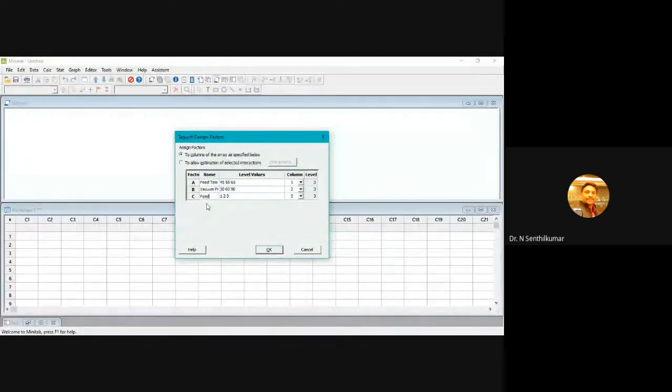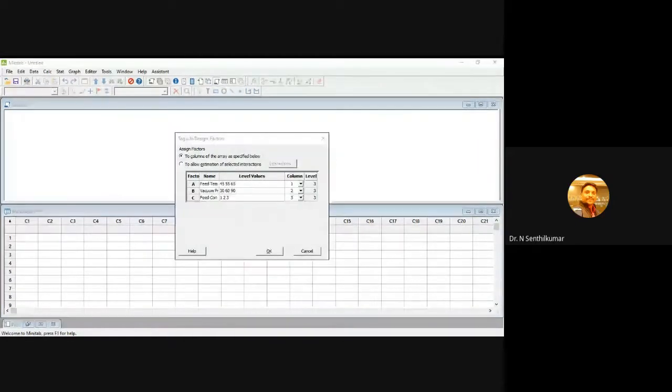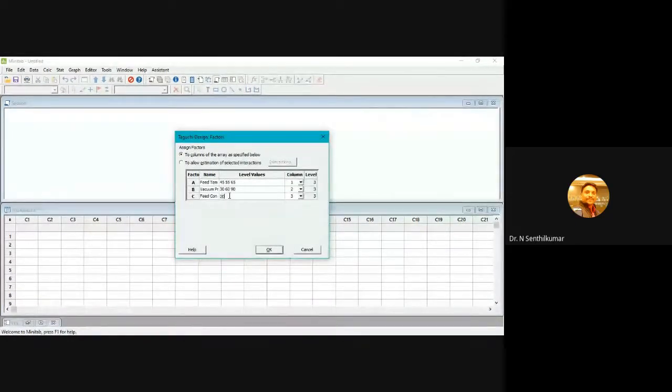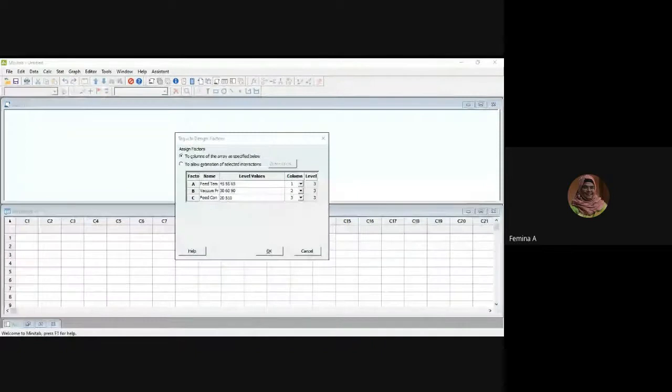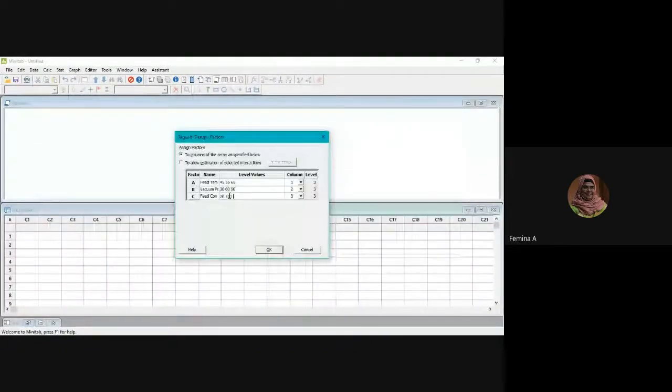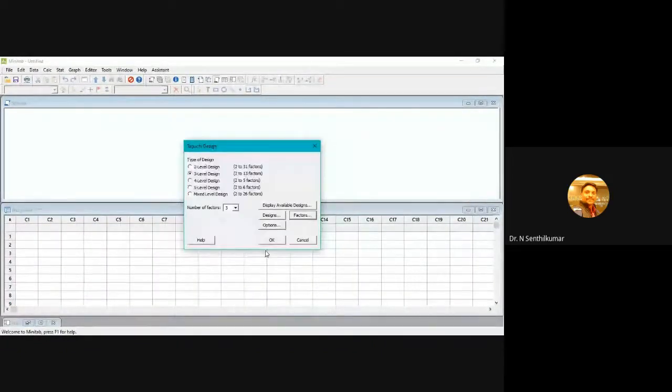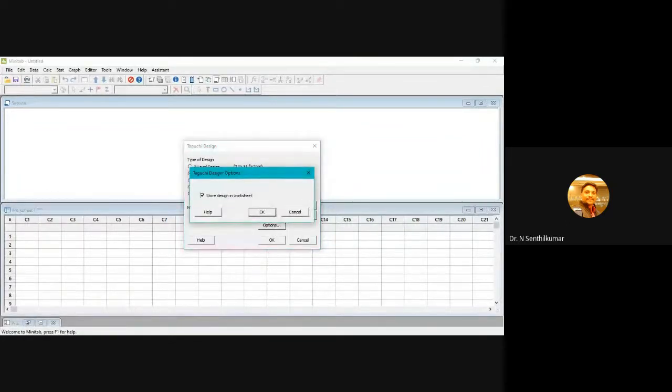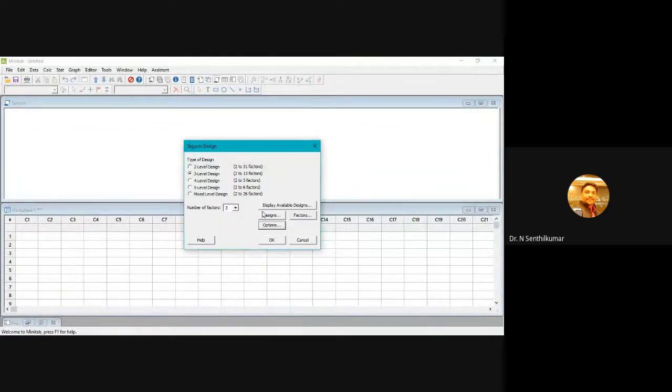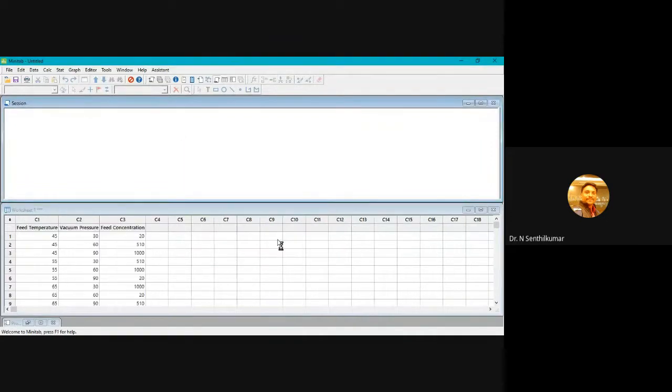Feed concentration is 25, 50, and 100. Just click OK. That's all. Now I'm going to click Options, Store design in worksheet. Then OK. Now we have designed this.